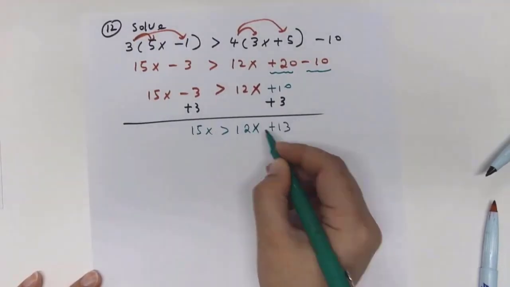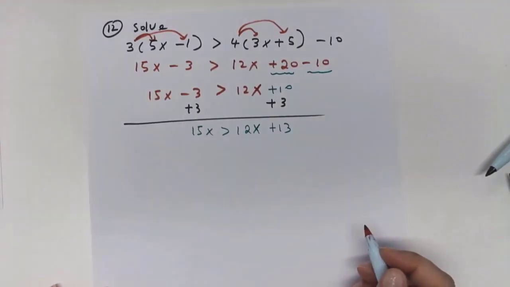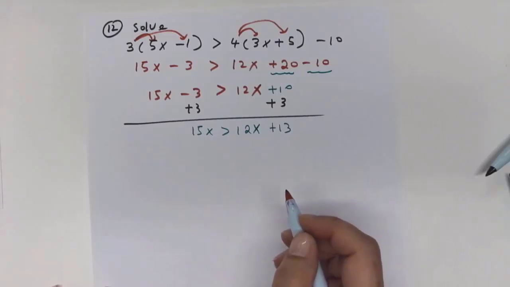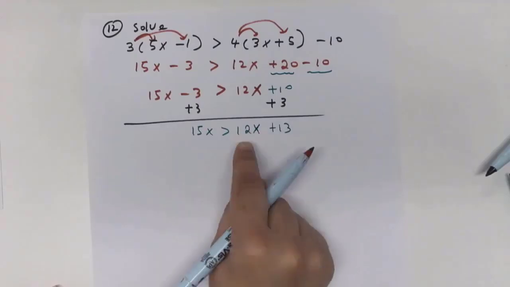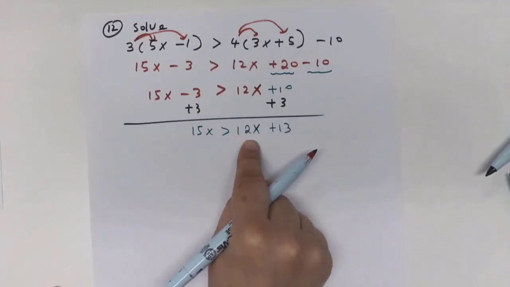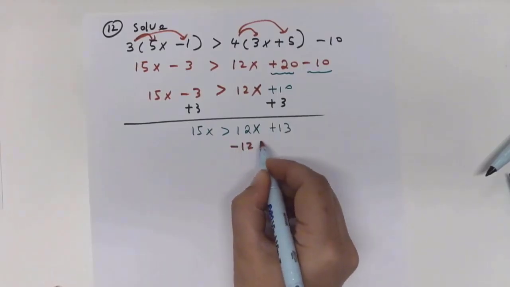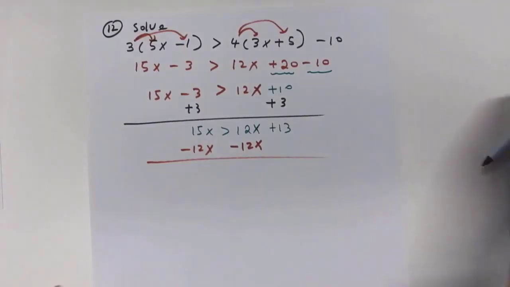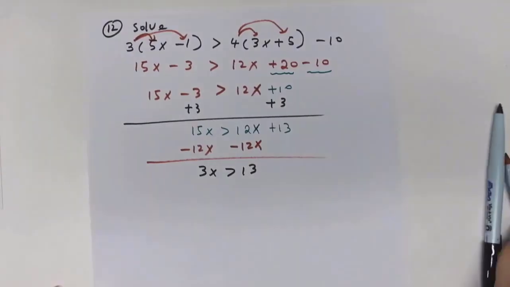Okay, now all the x need to go to the left hand side, so how? Subtract 12x, subtract 12x. So on the left hand side we have 3x is greater than 13. Almost done. One more step.